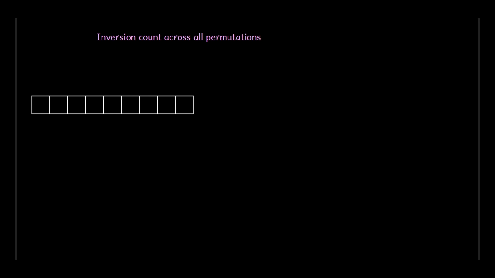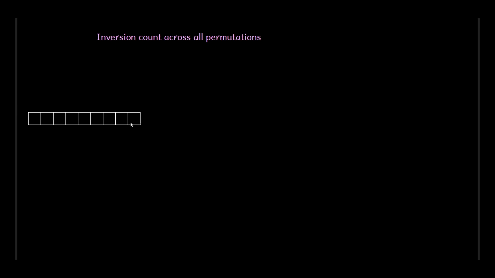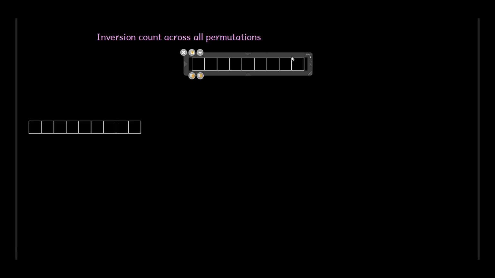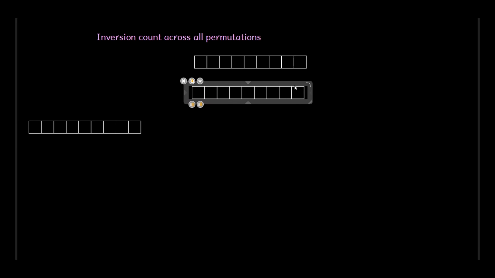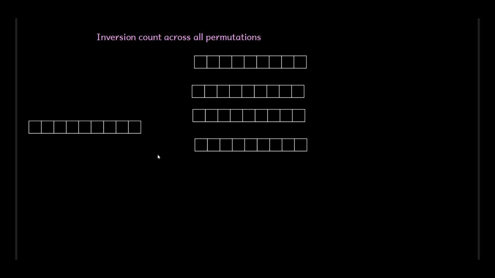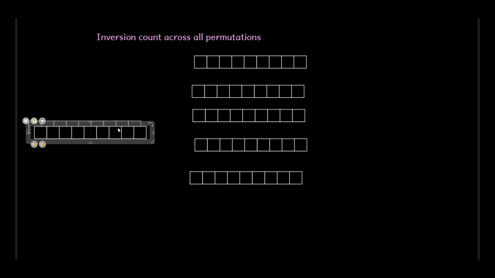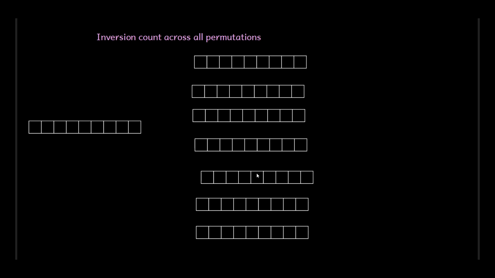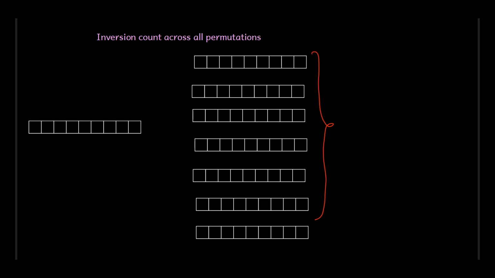So first of all, we try to do it in a brute force manner. And how can you do it in a brute force manner? If you have this array, then you can split it into multiple permutations like so. So you have split it into multiple permutations, and the number of such arrays that you create will be n factorial.